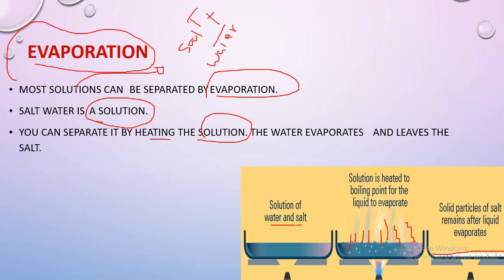So solid particles like salt remain after the liquid evaporates. When all the water evaporates, the salt remains. This method is called evaporation. We can use evaporation for solutions like salt and water, or sugar and water, to evaporate all the water and leave the solid particles like salt or sugar.